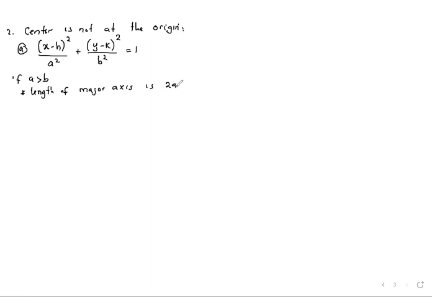So you see the shapes, and then you can have the coordinates of the vertices to be h plus or minus a comma k.